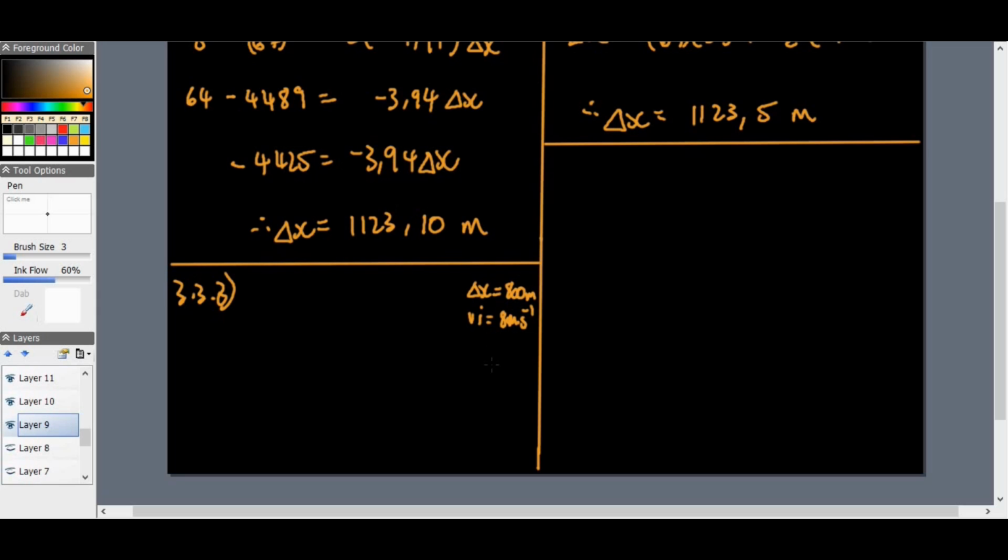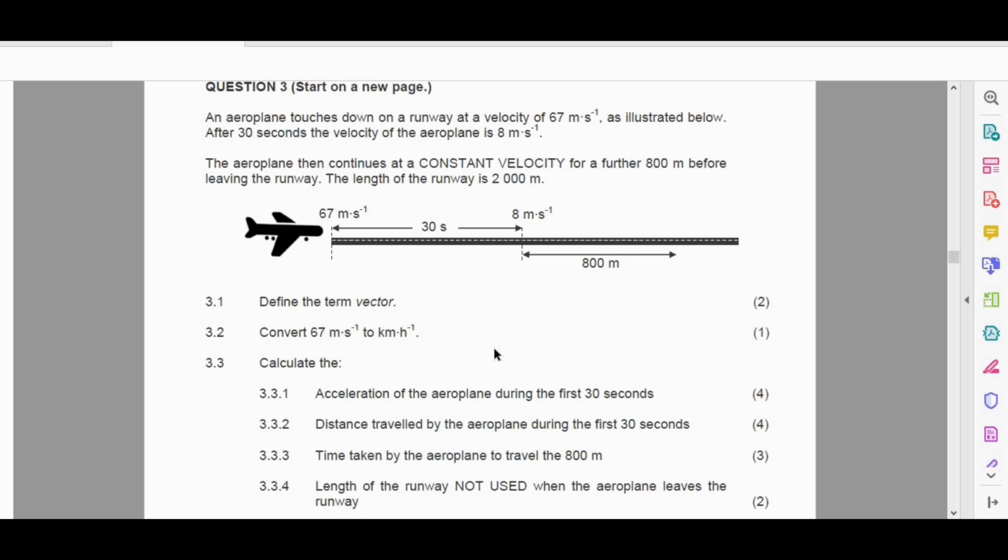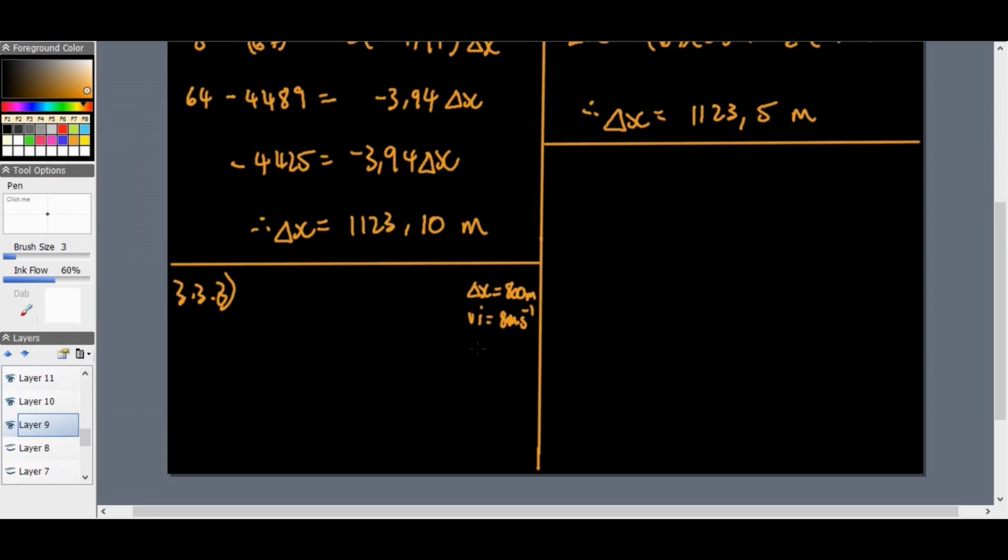And let's see, something else I'm missing in the question. Airplane then continues at a constant velocity for the further 800 meters, so we know acceleration is equal to 0 meters per second squared. And time is what we are looking for, so delta T is what we are looking for.